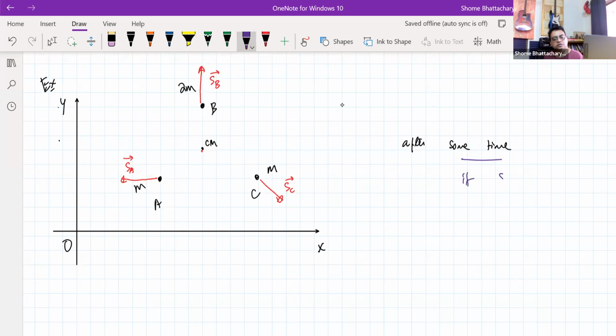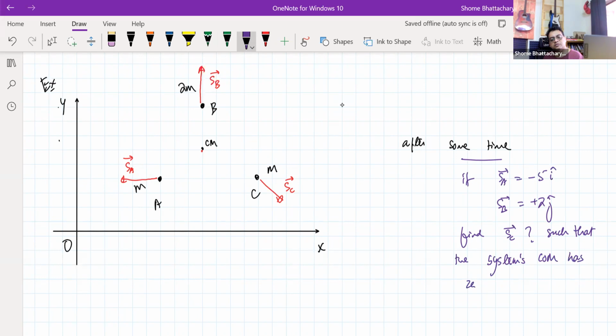So if displacement of A is, let's say, minus 5 i cap, and displacement of B, let us say, plus 2 j cap, find the displacement of C such that the system's center of mass should remain at rest.